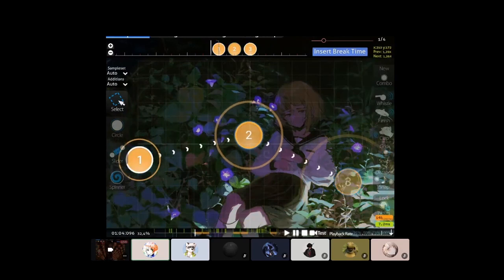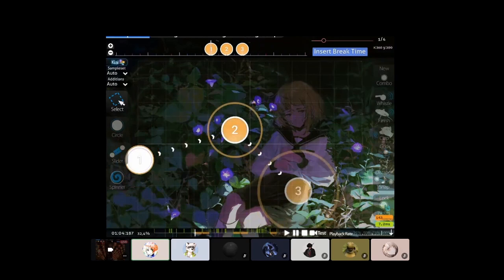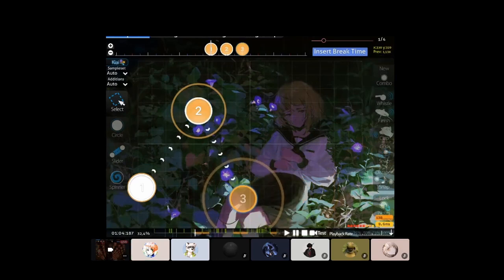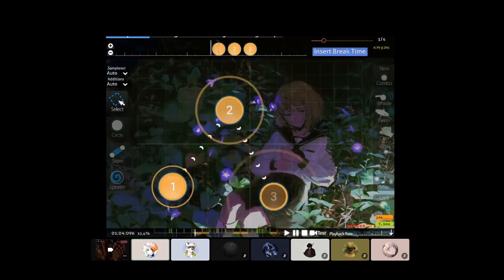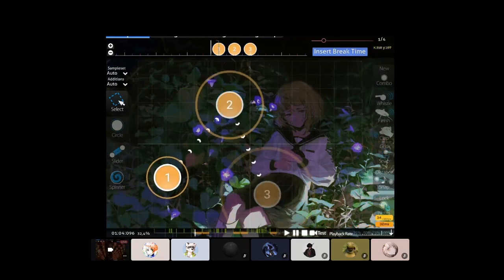Maybe not spacing that's this large, but say this large. You would probably flow aim through it as opposed to snap it. And conversely, there's probably a lot of patterns like say this triangle where he might flow aim through it, even though it makes it harder as opposed to snapping through this.